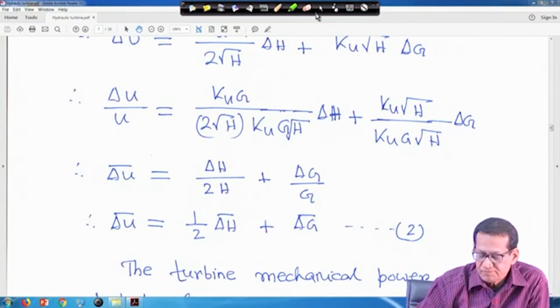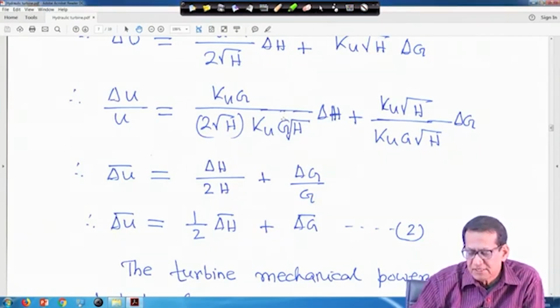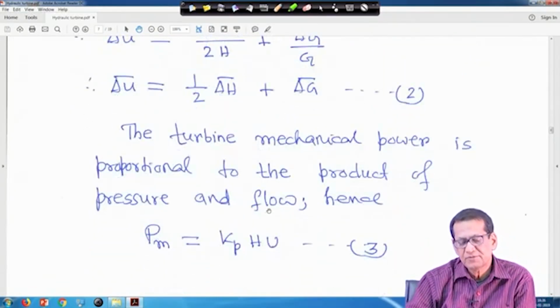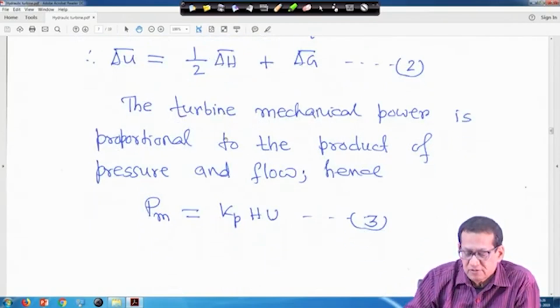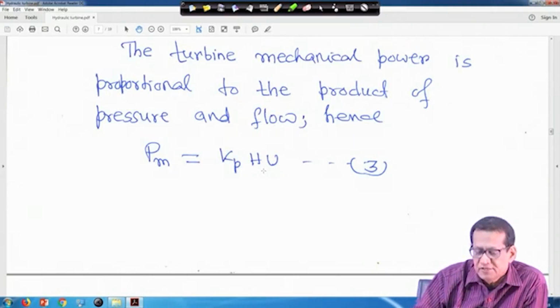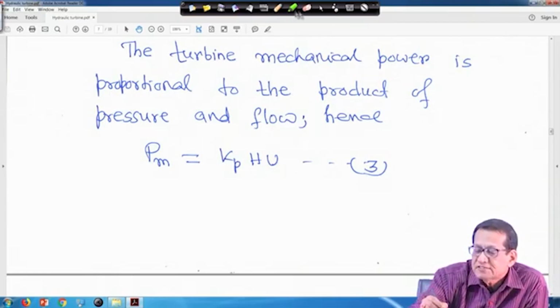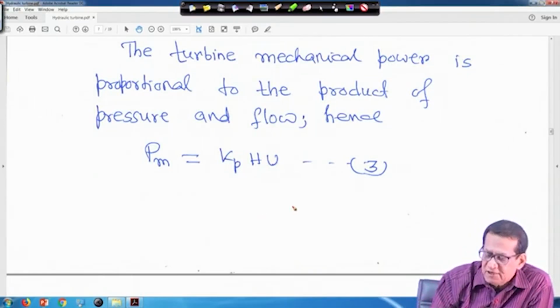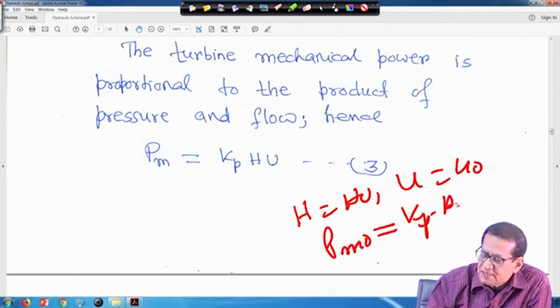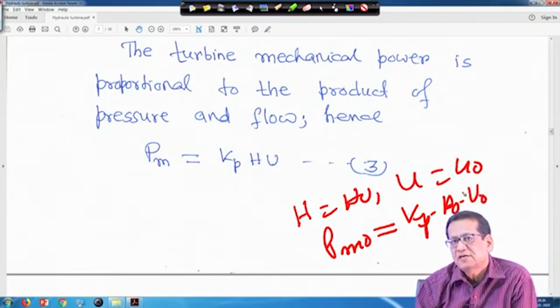Therefore, the next part is the turbine mechanical power, which is proportional to the product of the pressure and flow, right. So, P m is equal to K p, a constant of proportionality, into H into U, right. Later we will see this, but I am writing here, when H is equal to H 0 and U is equal to U 0, then P m 0 is equal to K p H 0 U 0, right.